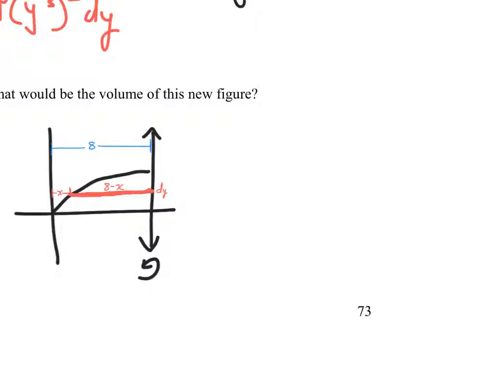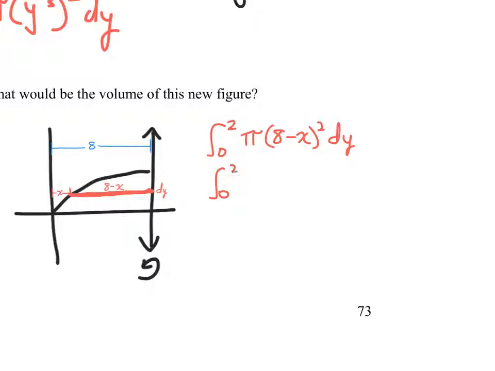So in terms of y, I'm still going from 0 to 2. Pi r squared would now become pi times 8 minus x squared dy, with the adjustment being that x is equivalent to y cubed.